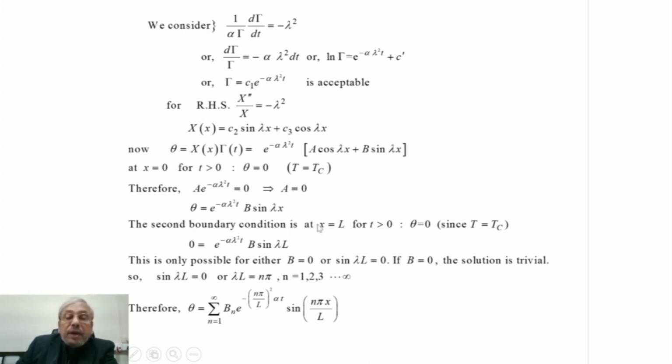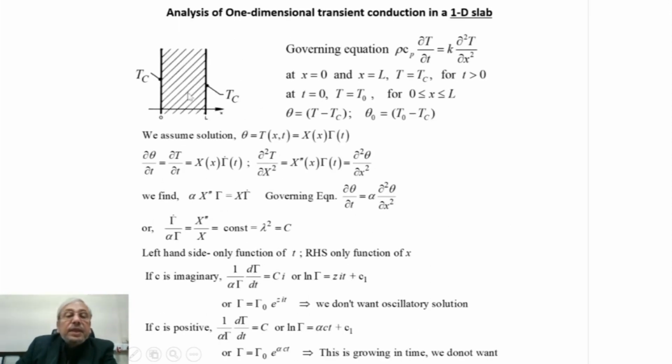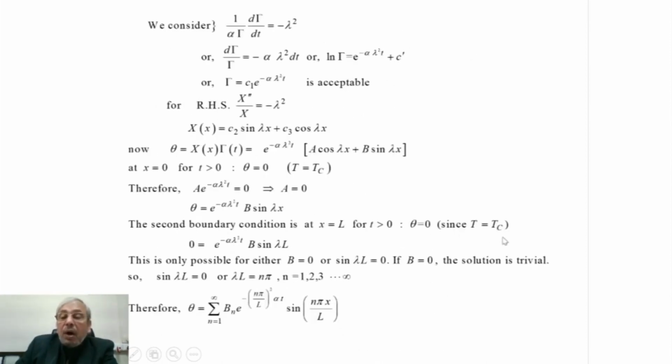Now the second boundary condition is at x equal to L, for t greater than 0, again theta is 0. That also we have seen. Here also it is Tc. Since T equals Tc, theta equals 0, so we can write e to the power minus alpha lambda squared t b sin lambda L equal to 0.